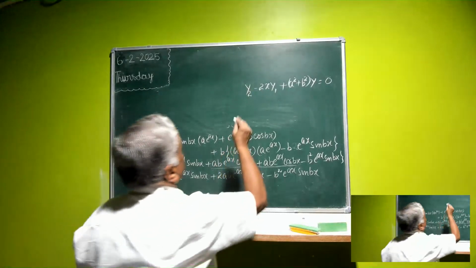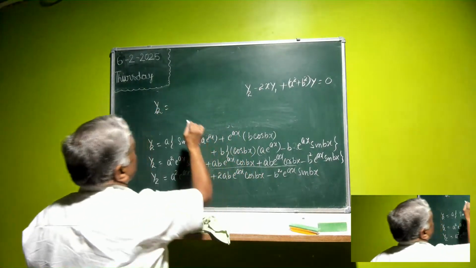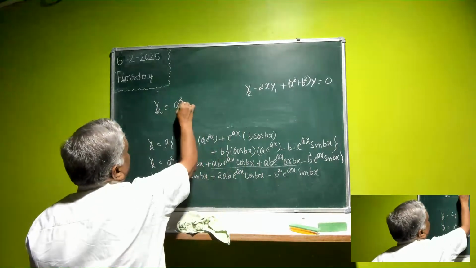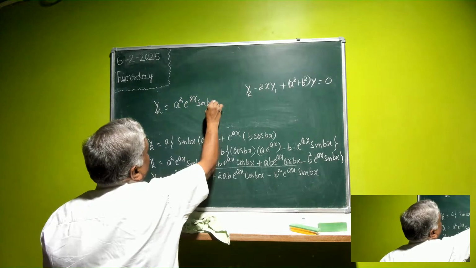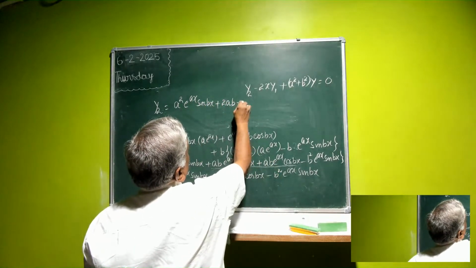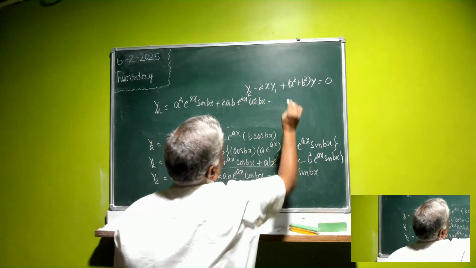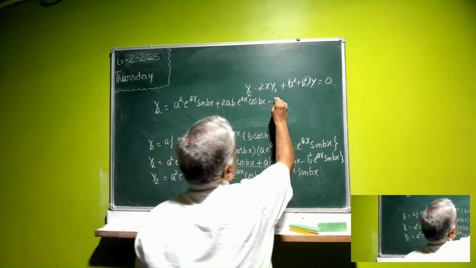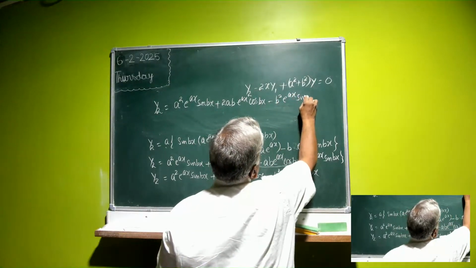So we have to find out y2. y2 is written as it is: a square e power ax sin bx plus 2ab e power ax cos bx minus b square e power ax sin bx.